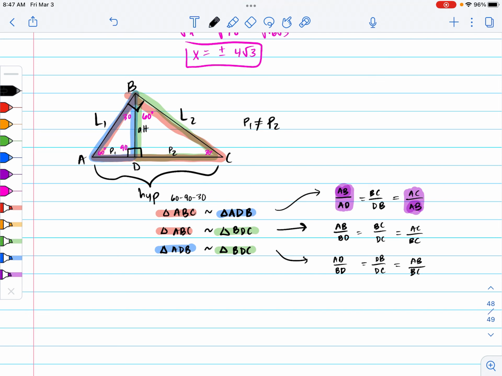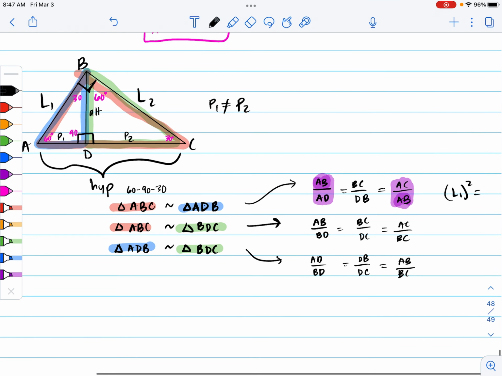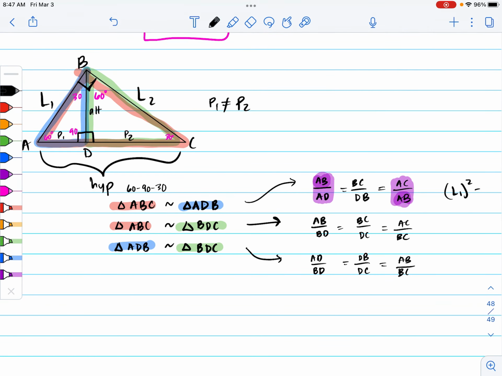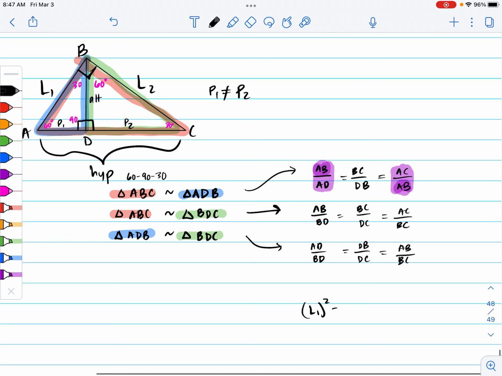So we actually develop an equation based off of this. Okay, if you look at AB in our triangle, AB is leg 1. So when we cross multiply these two, it's AB times AB, or leg 1 times leg 1, so we get leg 1 squared, right? I just ran out of room, so let's do this right below. Leg 1 squared.